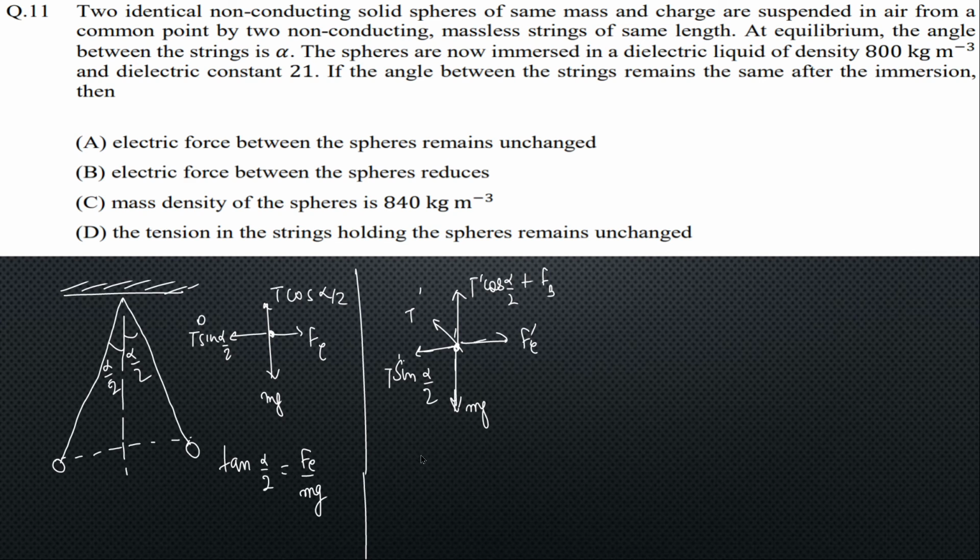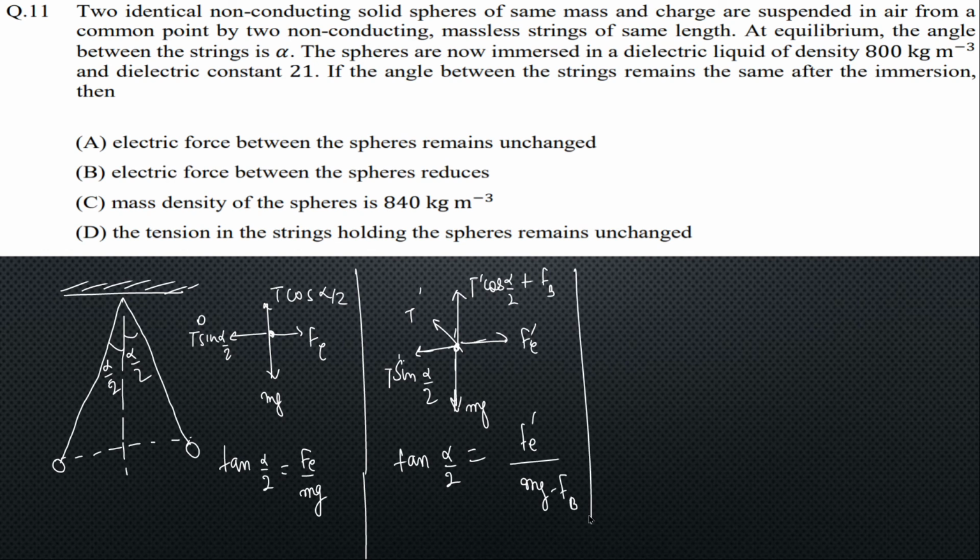So from here, T dash cos alpha by 2 would be mg minus Fb, and T dash sin alpha by 2 would be Fe dash, so tan alpha by 2 is Fe dash by mg minus Fb.